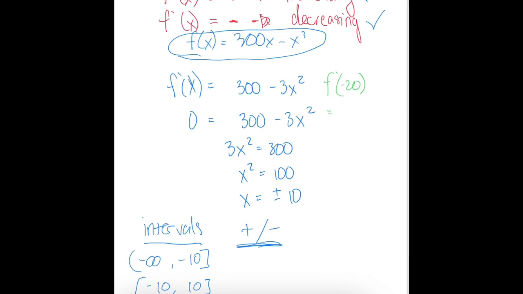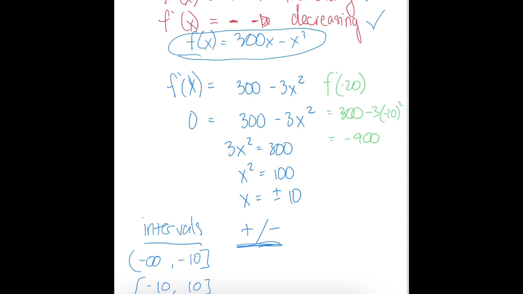That's going to be equal to 300 minus 3 times negative 20 squared. If you do the quick math there, negative 20 squared is 400. 400 times negative 3 is negative 1200. You're going to get negative 900.